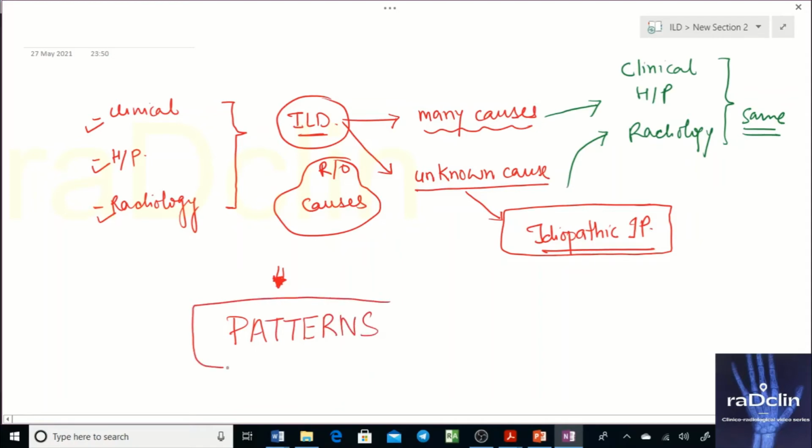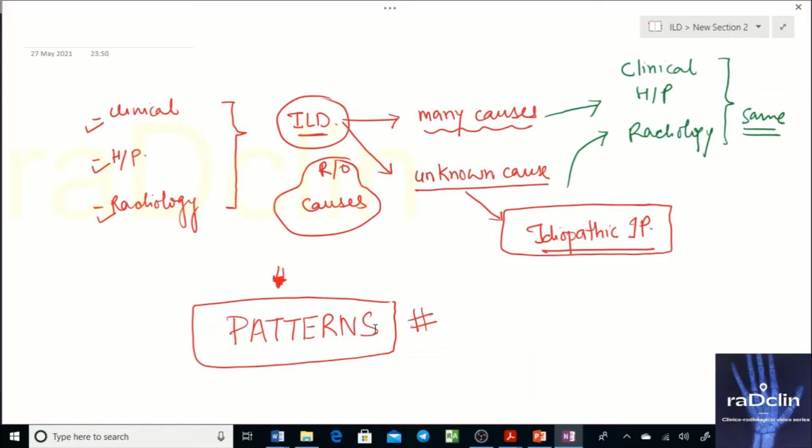In this IIP session, we are discussing the patterns. When we discuss collagen vascular diseases or other causes, like drugs, hypersensitivity, and pneumoconiosis, there we discuss that these patterns can come up in particular causes. But now I'll be discussing these patterns in solo.